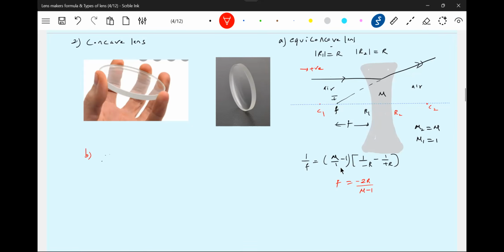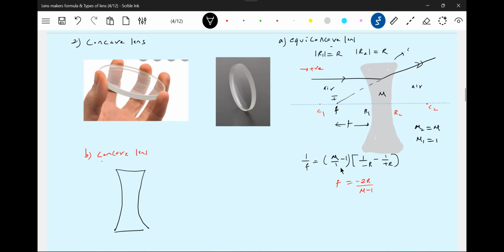Just a mere concave lens, here the radii will be different. What you are seeing is a side view.